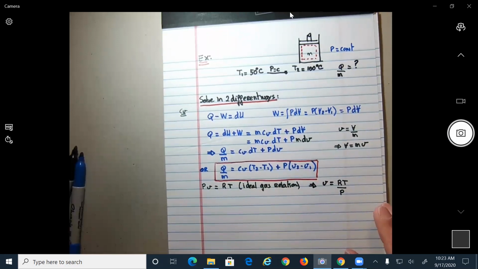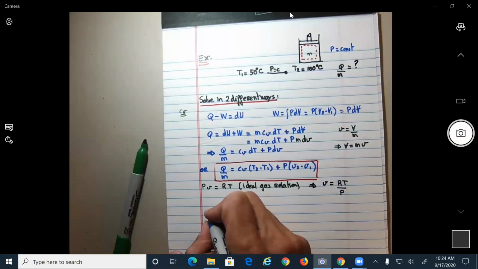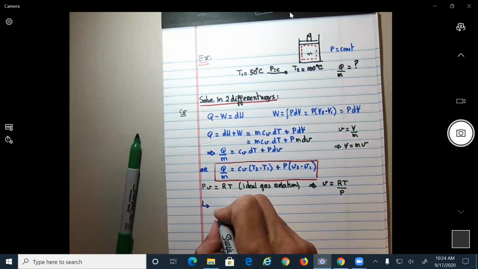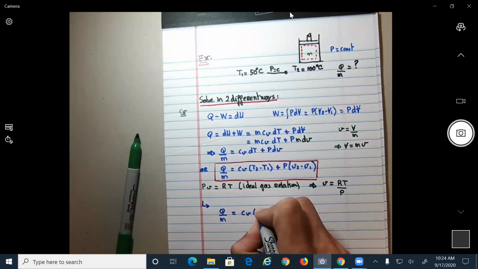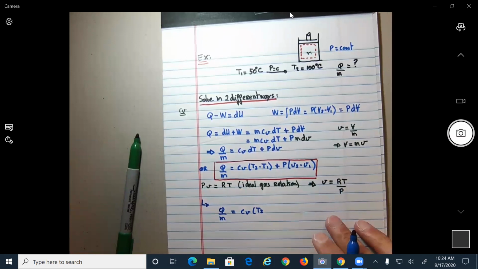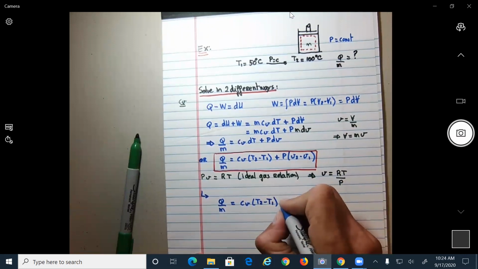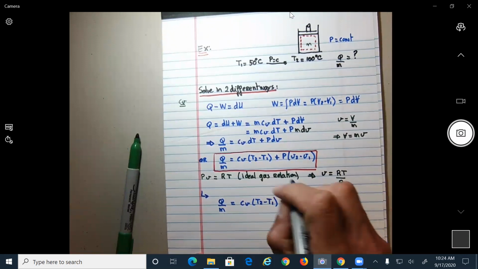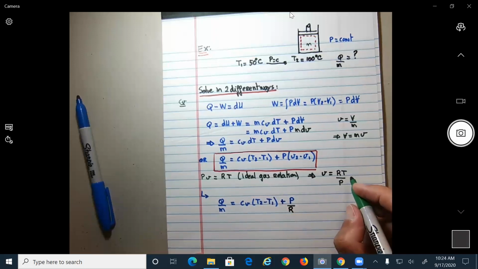Okay? So now if I substitute into this equation, what are you going to get? Q over m equal to Cv (T2 minus T1) plus P, divided by R, times what?